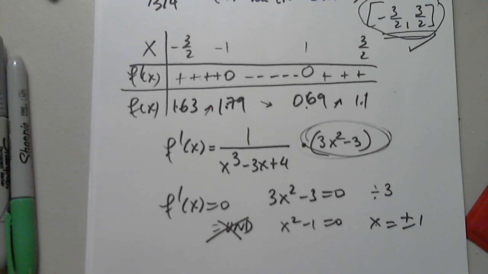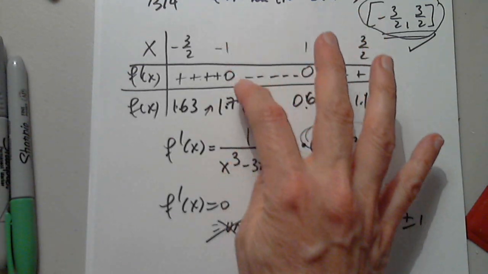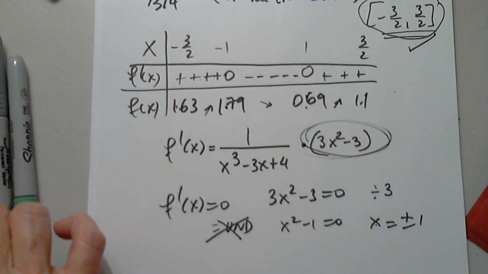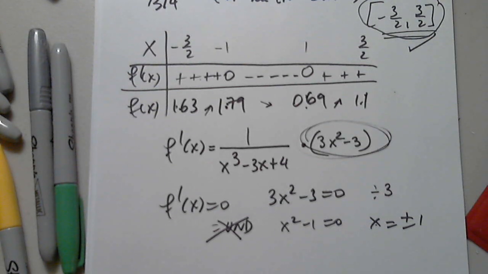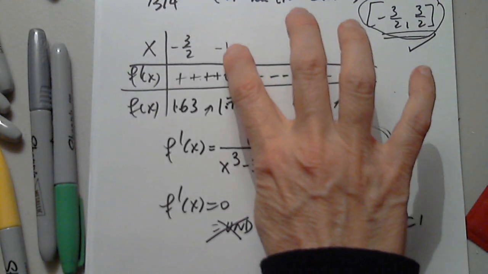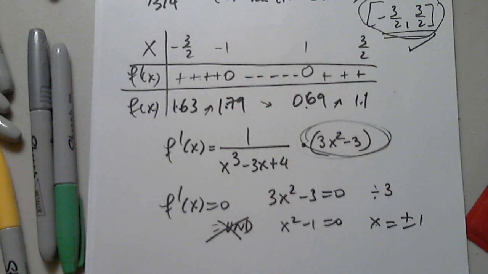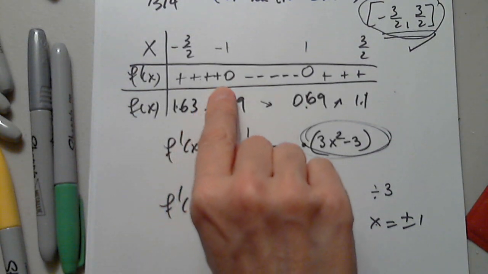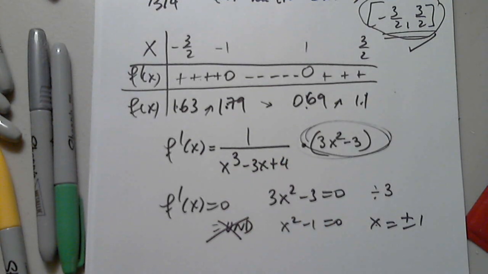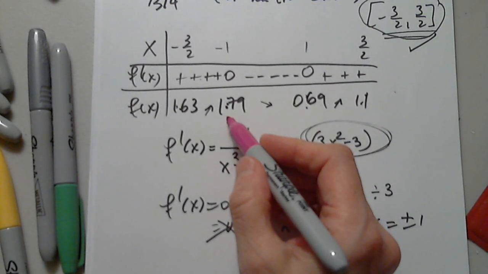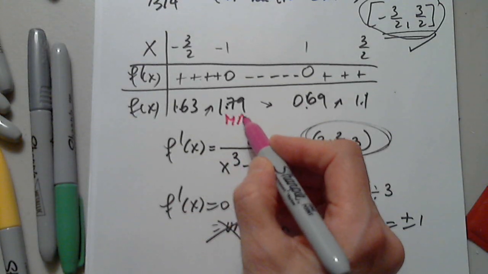So let's start with this point. What type of point is negative 1, 1.79? Max. Very good.